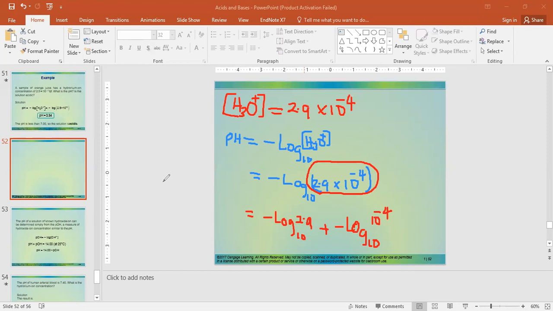No. So you can directly get the logarithm of 2.9, and remember, it is a negative logarithm. You can get this answer. And this one is going to give you 4. So those with calculators, what is the negative logarithm of 2.9?